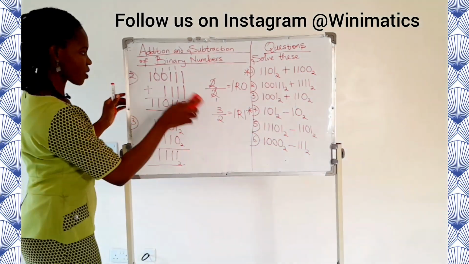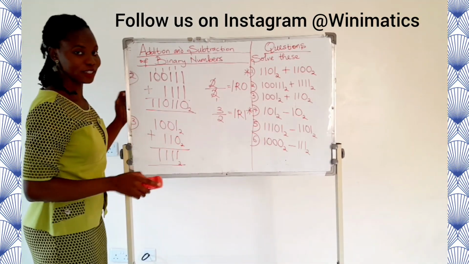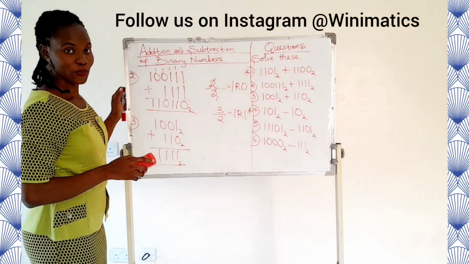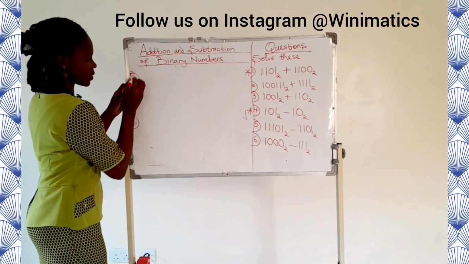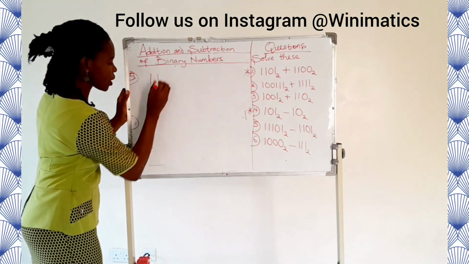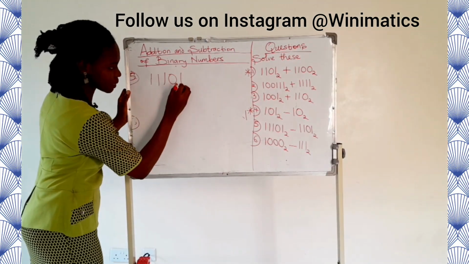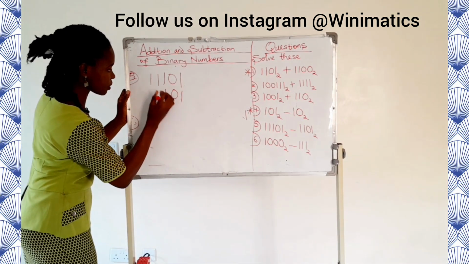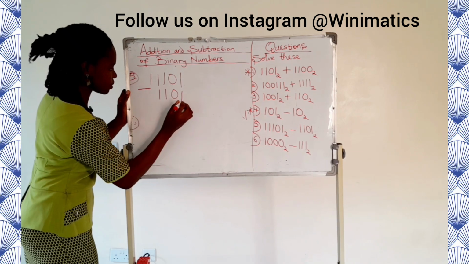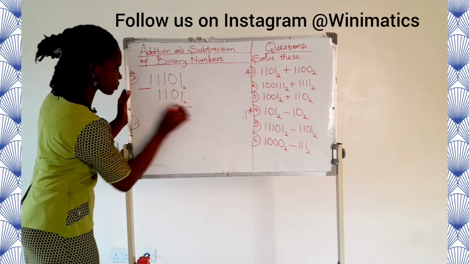Okay. Now let's attempt 5 and 6 while you do 4 as your assignment. For 5, we have 11101 minus, I'm starting from number 1011 minus. They are all in base 2.